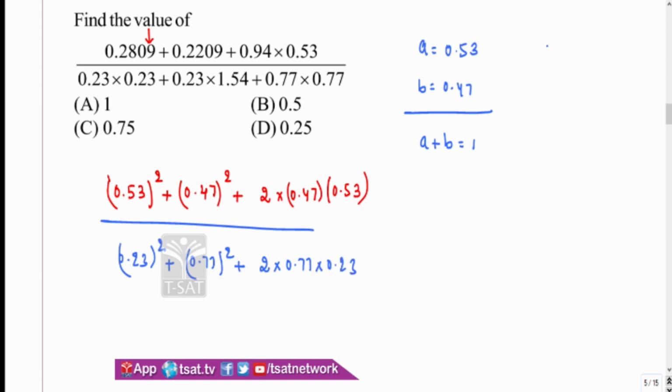Now look at the denominator. a is 0.23 in the denominator, b is 0.77. If you add both of them, it becomes 1. Therefore, your numerator is 1 and denominator is also 1. The answer is 1. So, it is simply application of squares as well as the formula (a plus b) whole square. If you recognize it is in the form of (a plus b) whole square, simply do a plus b. A plus b in both cases here, numerator and denominator, is 1.